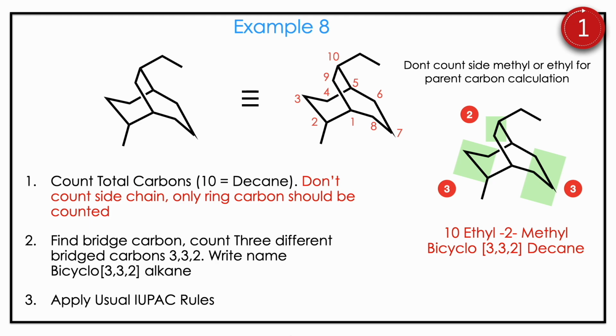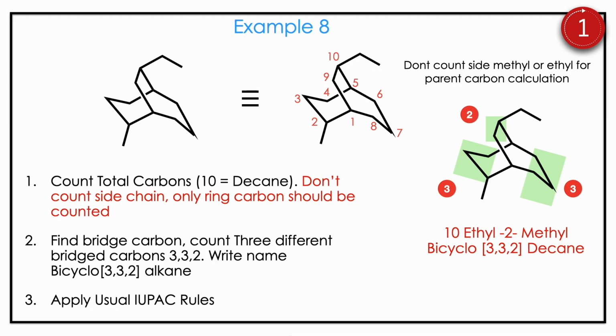Then we look at the position. The numbering should start from the higher ring. So higher ring start means both sides equal, but one side has substitution. So 1 and 2 will be the methyl-substituted position, then 3, 4, then the next ring will be 6, 7, 8. The bridge comes last, with the ethyl, so 9, 10. So the parent will be 10, it is decane.